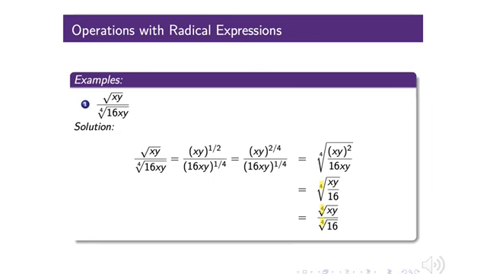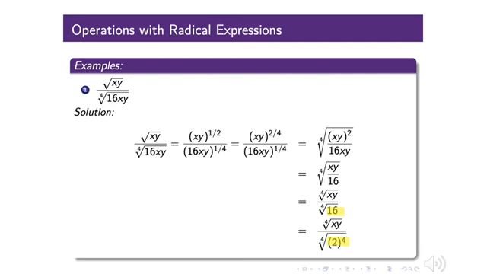Then using the quotient property of radicals, we write the 4th root of xy over 16 as the 4th root of xy over the 4th root of 16.